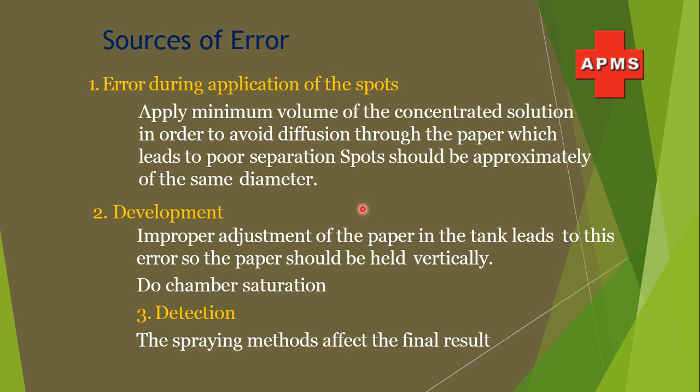Only the mobile phase will move the sample components over the filter paper, and this is called diffusion. So to stop this diffusion we use a concentrated solution with very low volume, meaning a very small spot will be made over the filter paper.